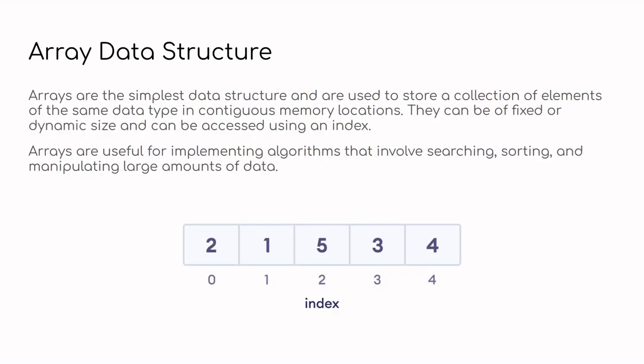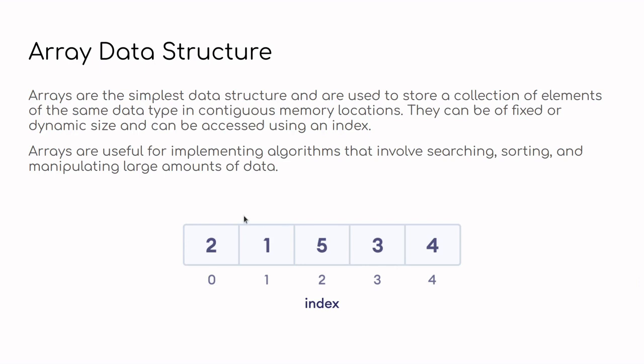Now let's understand the array data structure of linear data structures. Arrays are the simplest data structures and are used to store a collection of elements of the same data type in contiguous memory locations. Arrays can be of fixed or dynamic size and can be accessed by using an index.